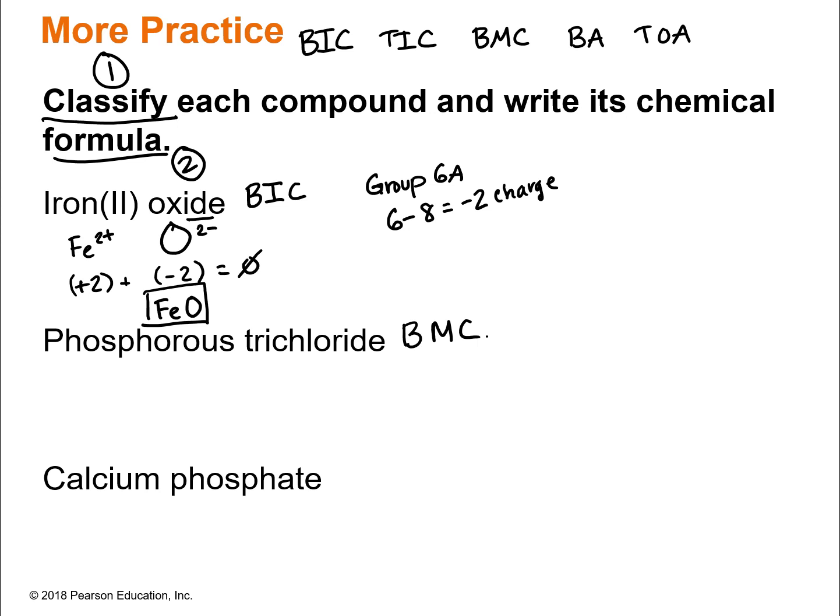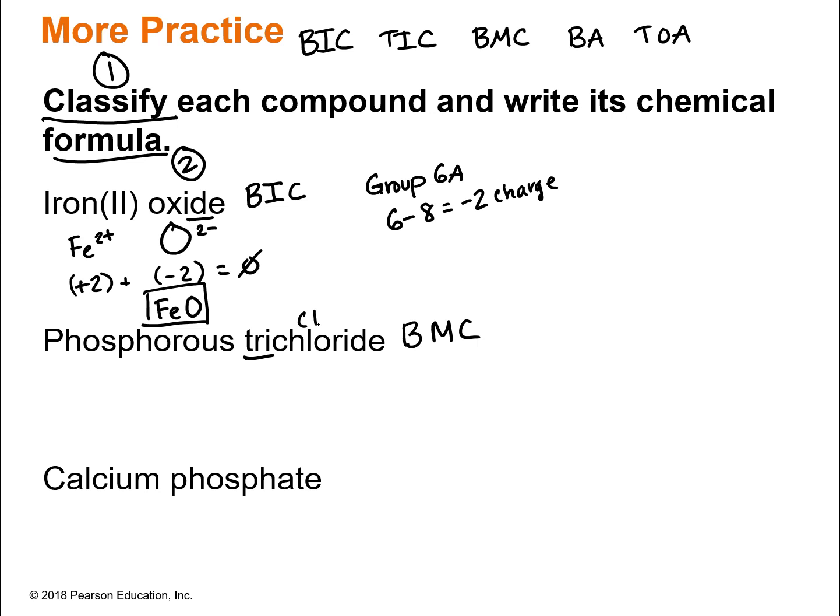Here's how you can tell. One of the biggest giveaways is that prefix tri. You only see those with the binary molecular compounds. Also, you've got phosphorus and chlor, which is for chlorine. Those are two nonmetals. Again, the only classification for two nonmetals is binary molecular.